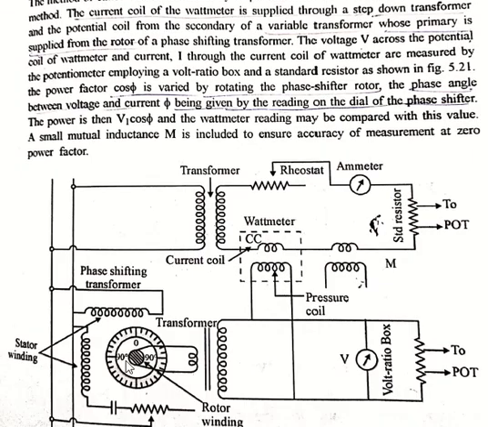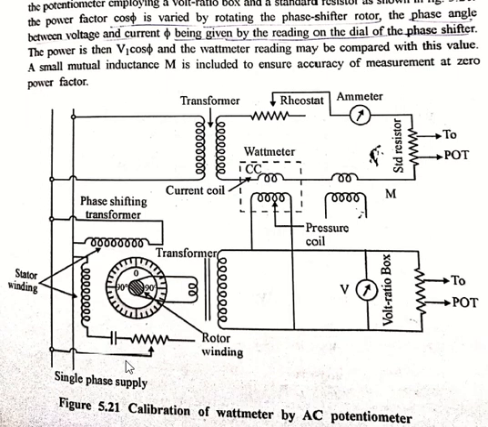Here the diagram for calibration of a wattmeter by AC potentiometer is shown. The method is similar to that of the DC potentiometer method. The current coil of the wattmeter is supplied through a step down transformer. You can see this here. The potential coil is supplied from the secondary of the variable transformer, whose primary is supplied from the rotor of a phase shifting transformer.